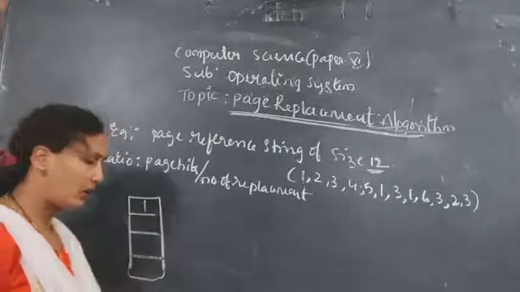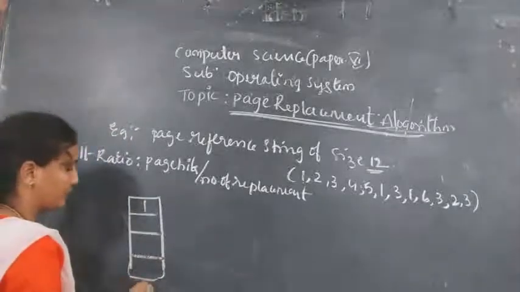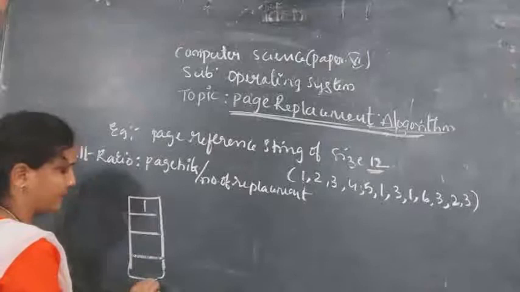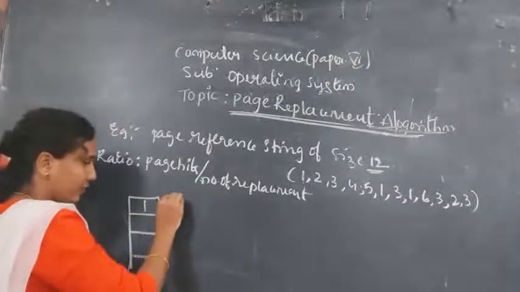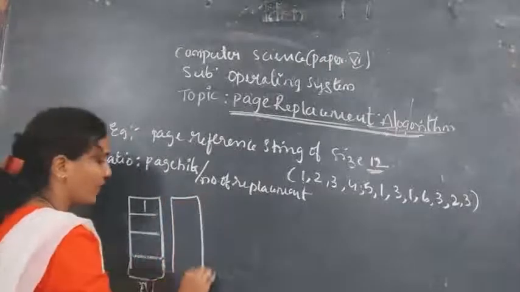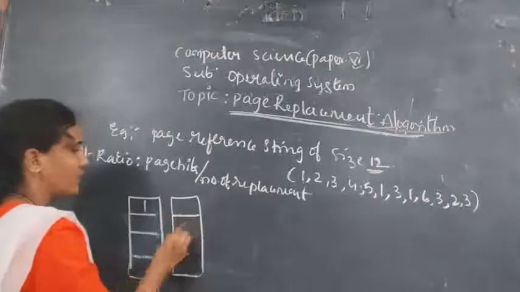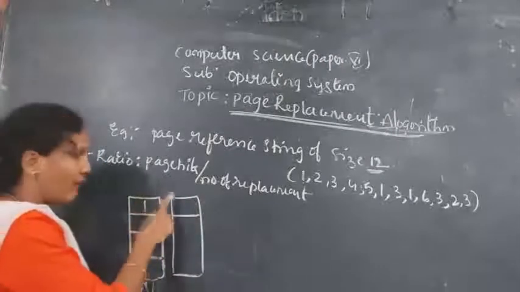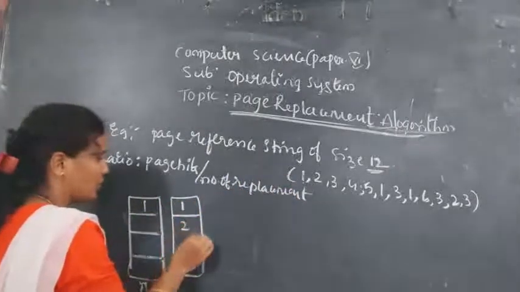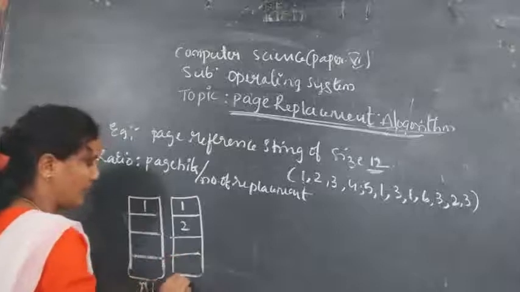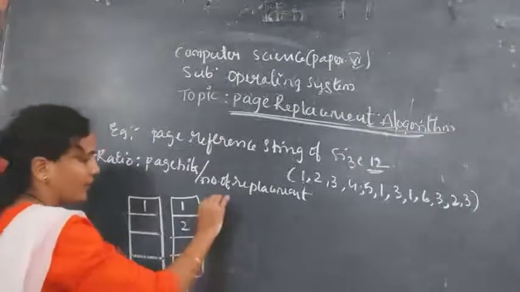So this is a page fault, called a miss, M for a miss. Now the next, second page. The first frame is occupied; as I already said, old is at the front. 1, and the new page is 2. This is also a page fault, a miss.